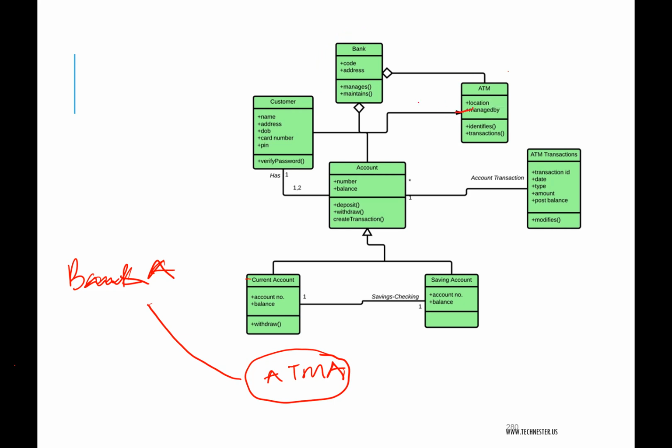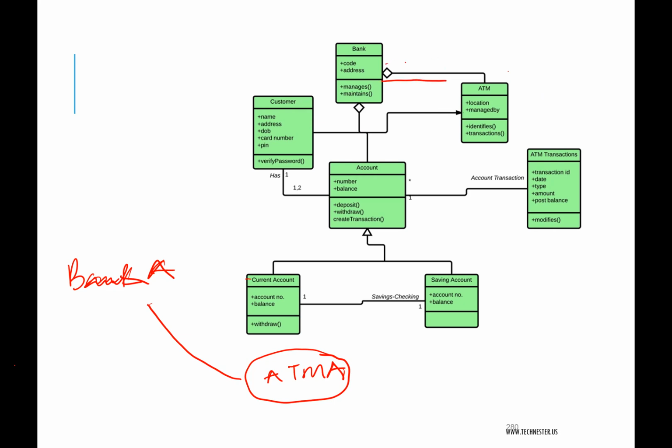It doesn't have anything to do with the bank. And I heard some of us trying to connect the attributes of the ATM with the attributes of the bank. They are two different entities, two different things. The only thing that joins them together is this relationship.